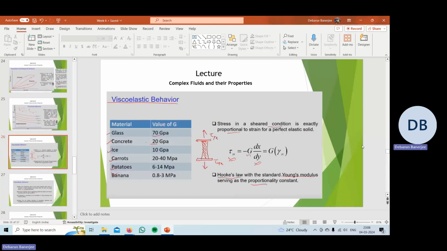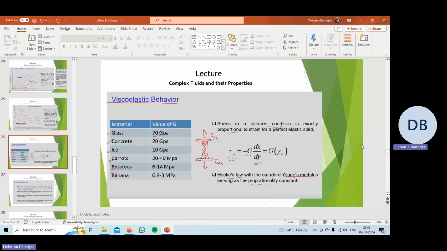So if you see the viscoelastic behavior examples, there are certain examples like glass, concrete, ice, carrots, potatoes, bananas, and you can see the value of G, which is basically the constant value to determine the particular strain and stress, right?